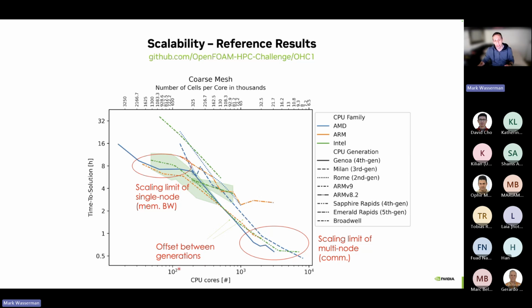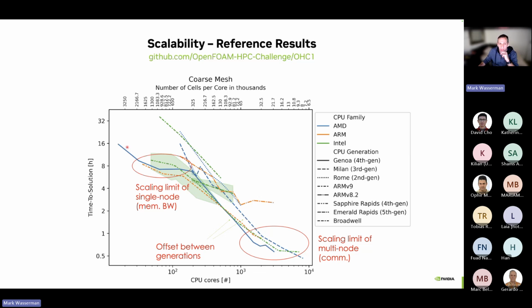And here, keep in mind that CPU cores is different here because each one of the configurations includes a different number of cores per node. But several things of interest that we also expect you to see is that, for example, all the configurations reached the scalability limit of intranode, meaning that once we utilized all the cores on a given node, we reached the memory bandwidth limit.